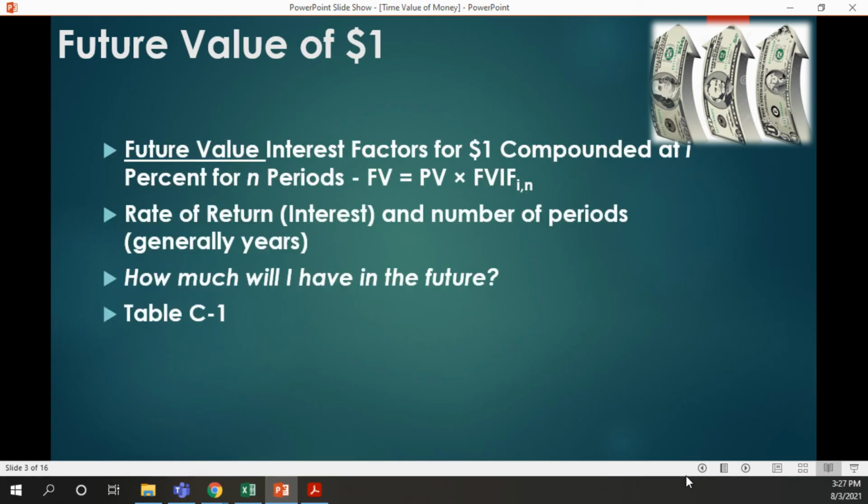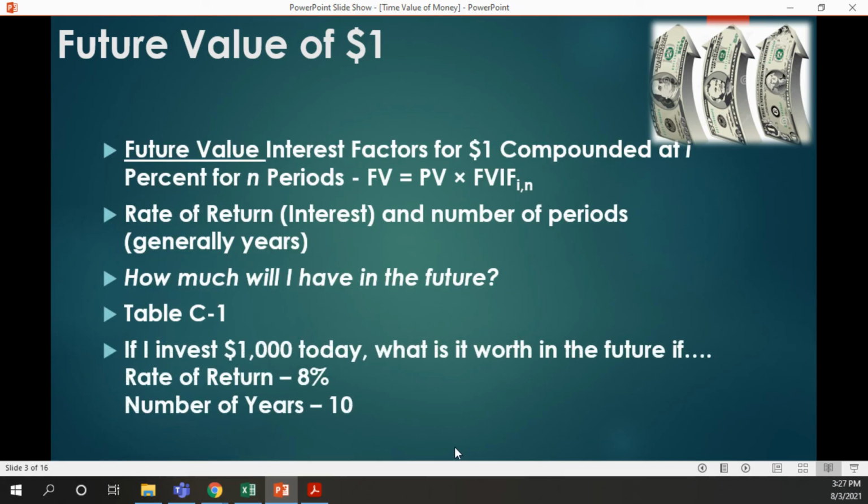Okay. Table C1. If I invest $1,000 today, what is it worth in the future if I have a rate of return of 8% and my number of years are 10? Okay, good question.